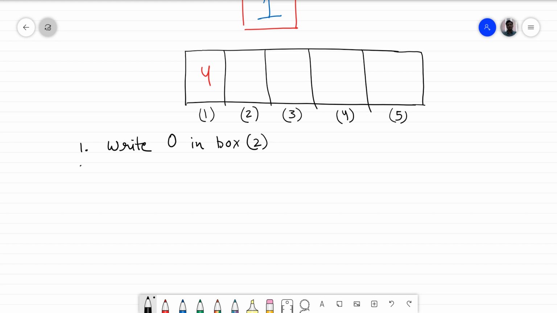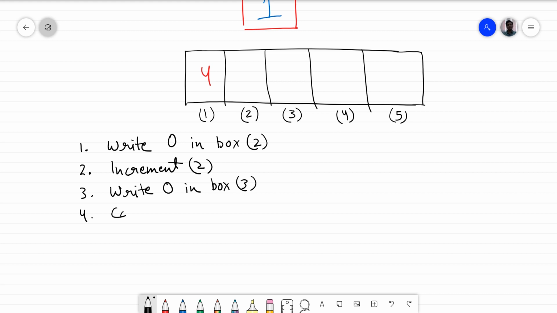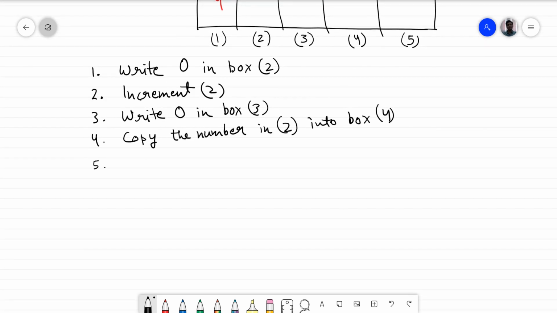Write 0 in box 2, then increment 2, write 0 in box 3, copy the number that is in 2 into box 4, if box 4 contains 0, go to step 12 below.